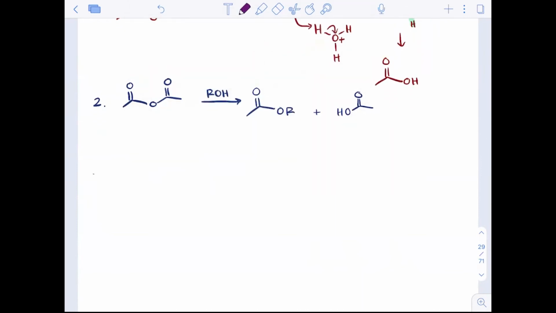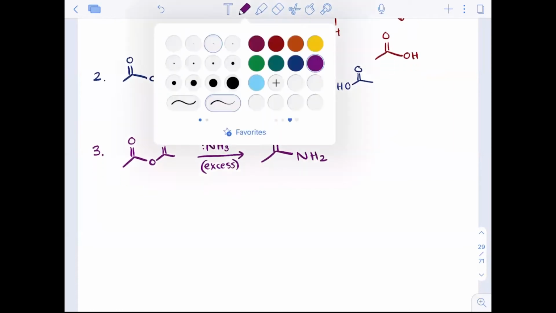Last one on this section of substitution, the anhydride can be reacted with an amine. Could be, again, ammonia, a primary amine, or a secondary amine, and that will result in an amide. Let's do the mechanism.